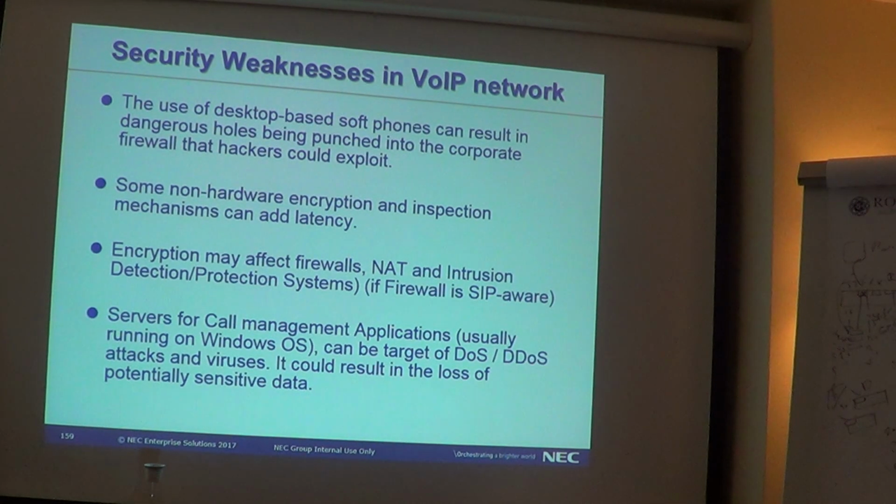I cannot have a really stable network if I want to have additional encryption machines. Encryption may affect the firewall, NATing, intrusion detection, protected systems, firewall over SIP. I may have encryption over my firewall, and my firewall really doesn't like my encryption method, so they don't allow my traffic.